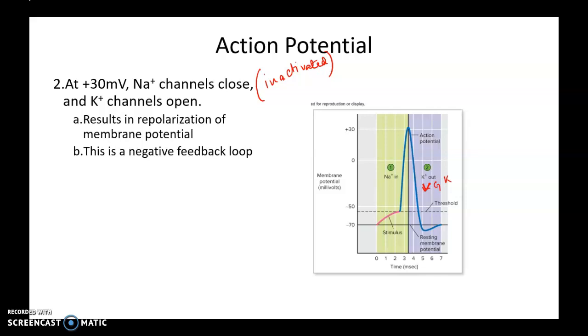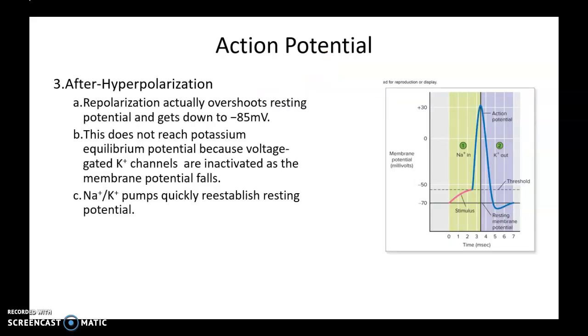This is a negative feedback loop. Okay, so as the voltage gated potassium channels open, obviously potassium leaks out. This is called repolarization, and the membrane potential comes back to -70, right?